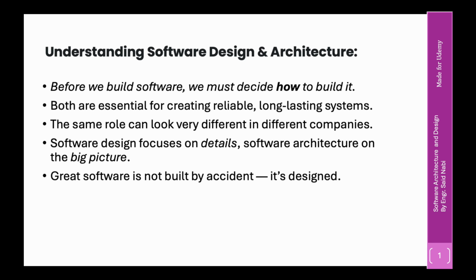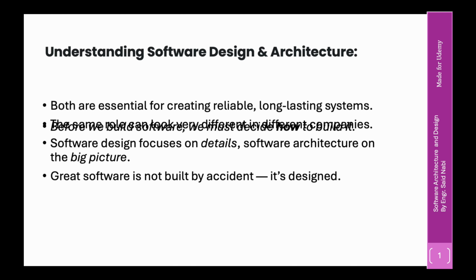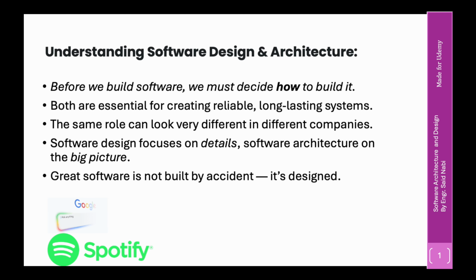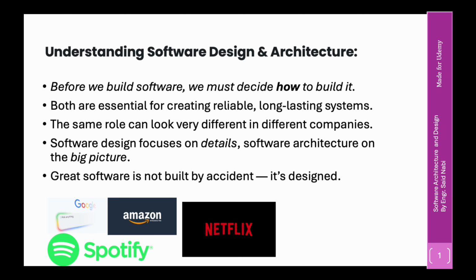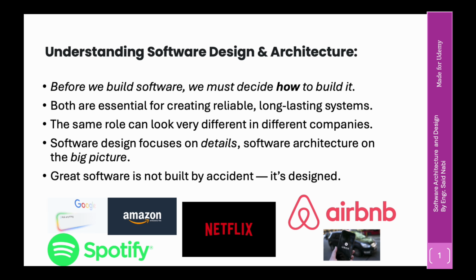Titles may change across companies, but the responsibility remains the same. And great software is never an accident. It is thoughtfully designed. If you see Google, Spotify, Amazon, Netflix, Airbnb, or even Uber, these are some of the software systems which you use daily, and these are not built by chance.